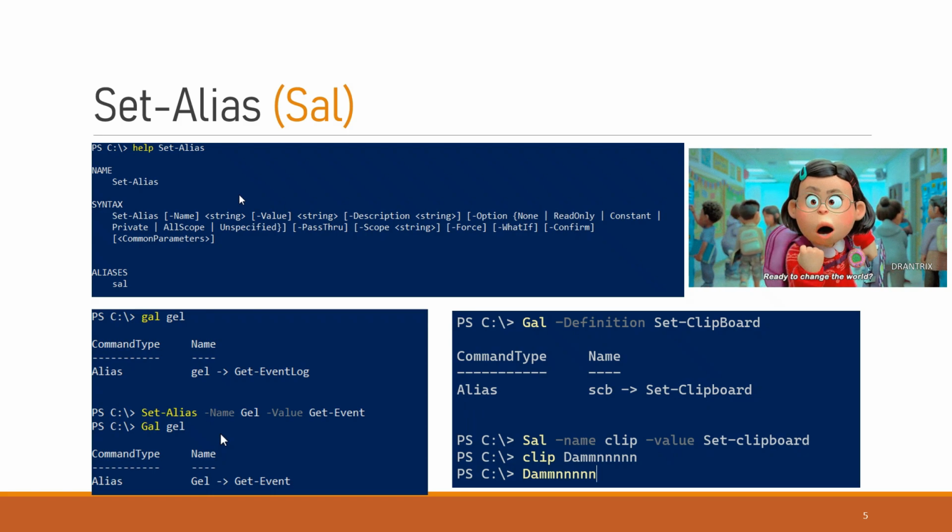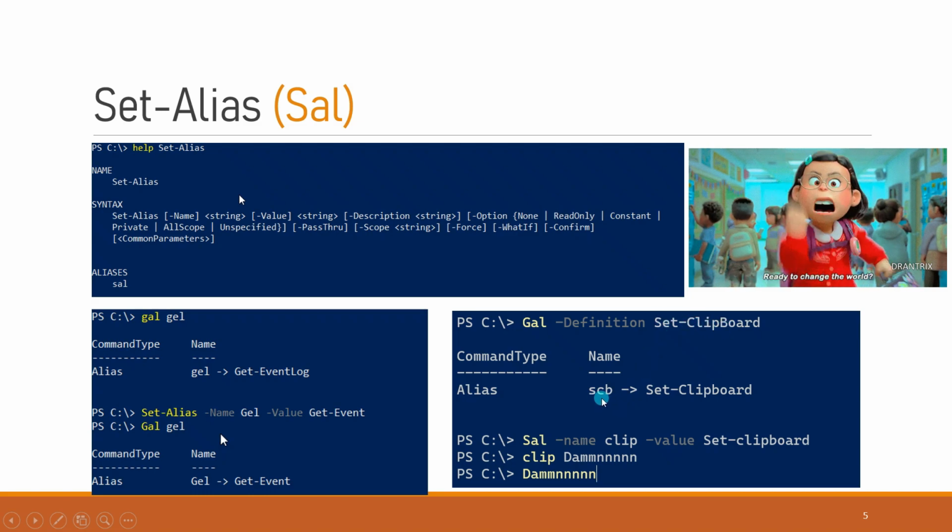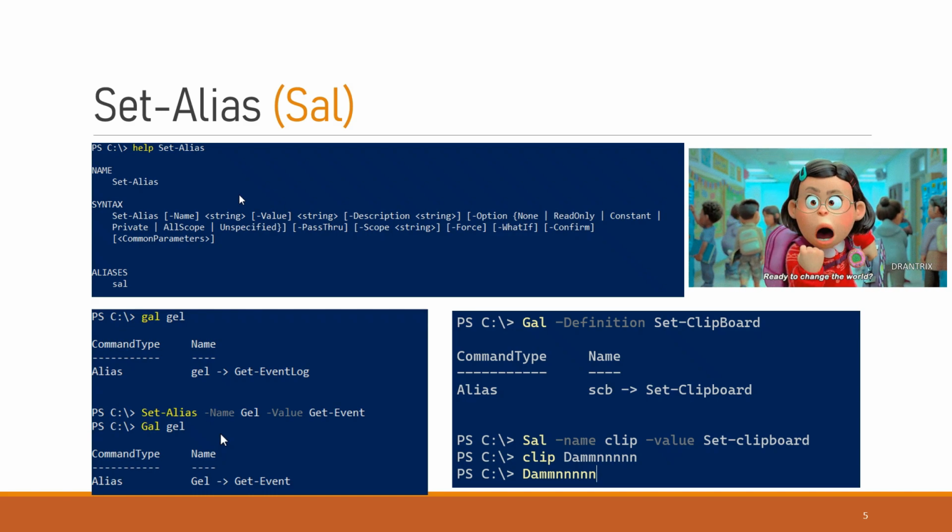So take a look at the second one. Get-Alias with the definition Set-Clipboard. For Set-Clipboard, the existing alias name is scp, and now I want to change the name also. So Set-Alias with the name clip.